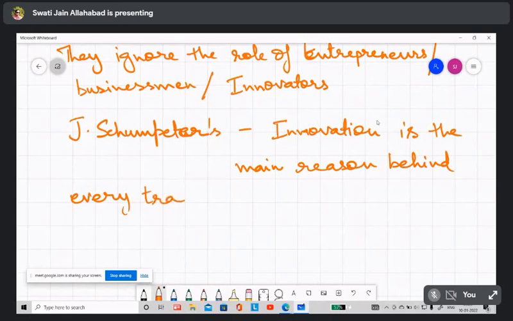According to Joseph Schumpeter, business cycles are only created due to innovations.